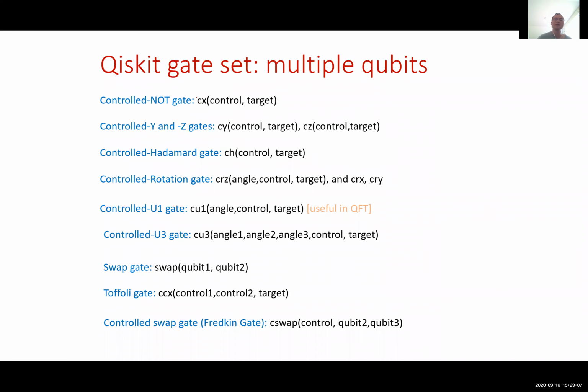You have a control not, CX. You could also have a control Y, control Z if you want. But the control Y, control X, control Z, they can be transformed, right? One example is this control Z that we talked about: you can use control not, but use a Hadamard gate before and after on the second qubit.